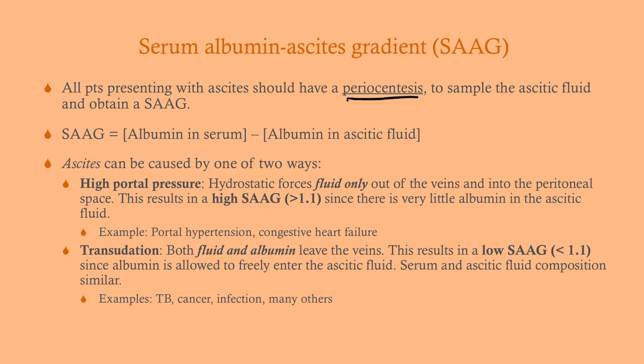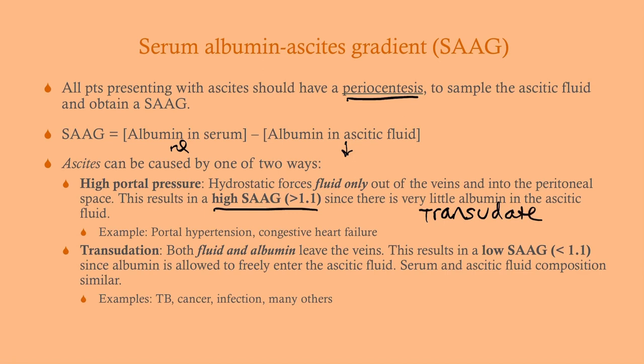And so what that means is with a high portal pressure, the albumin in the serum is going to be normal or maybe a little low, and the albumin in the ascitic fluid is going to be relatively low. And so the consequence of that is that you're going to have a high serum albumin-ascites gradient. So if the SAAG is more than 1.1, then you know what you're dealing with is a transudate. Okay, you have mostly just free fluid in the ascitic fluid. Not as much protein or anything else.